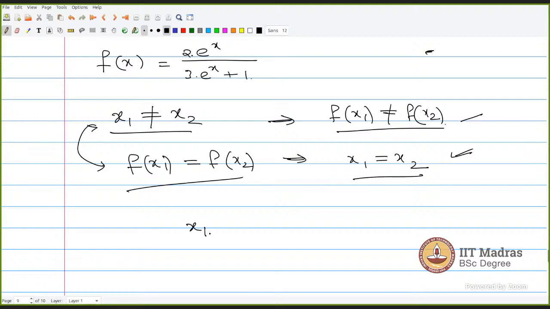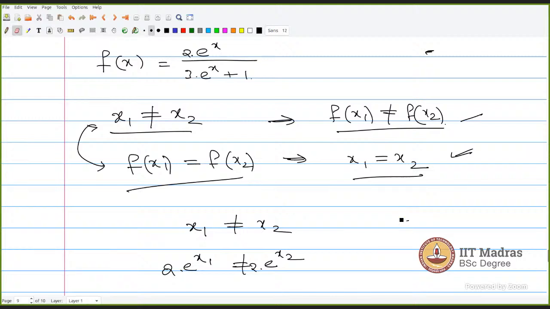Okay. So when I take x1 not equal to x2, my e to the power x1 will not be equal to e to the power x2. 2 times e to the power x1 will not be equal to 2 times e to the power x2.